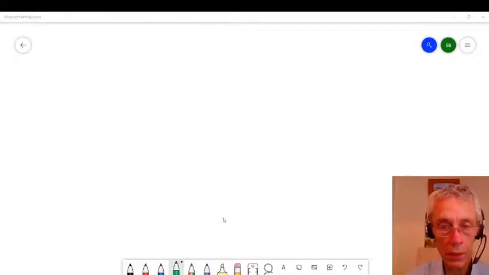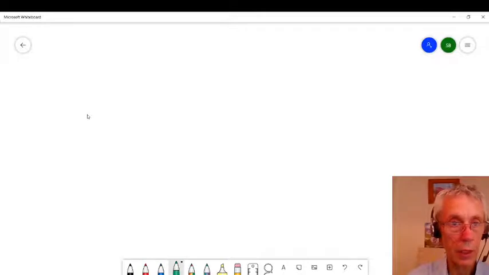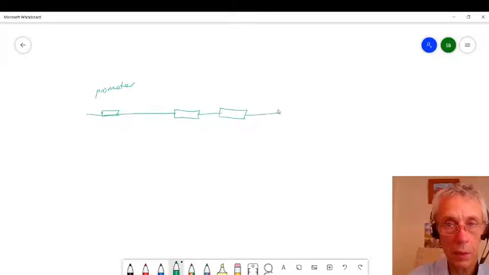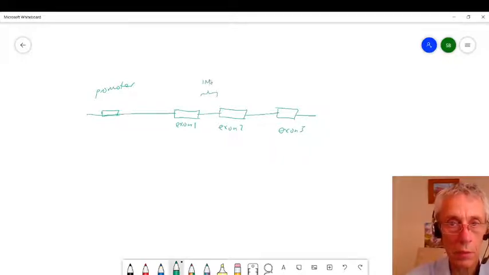So let's start off then with thinking about genes in a very simplistic way, that we generally have a promoter region. Again, this is very simplified. And then we'll call the open reading frame, which consists of a series of exons separated by introns.